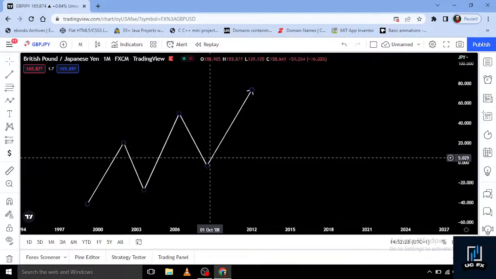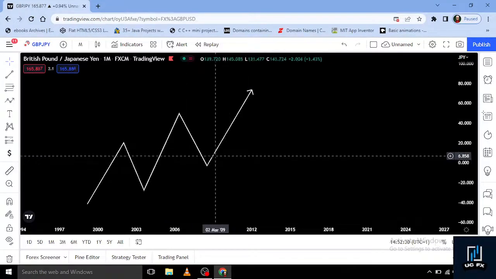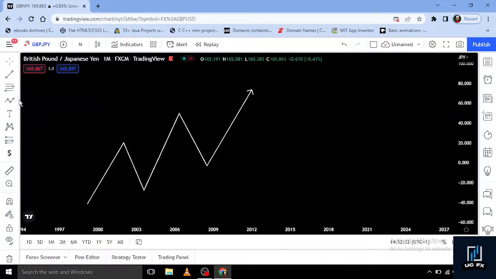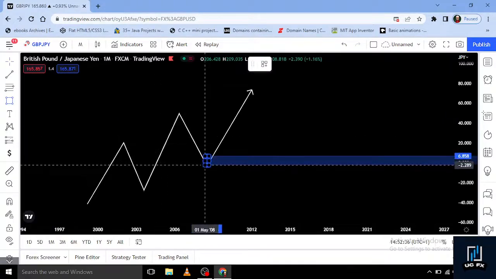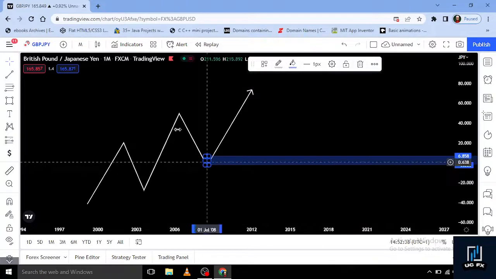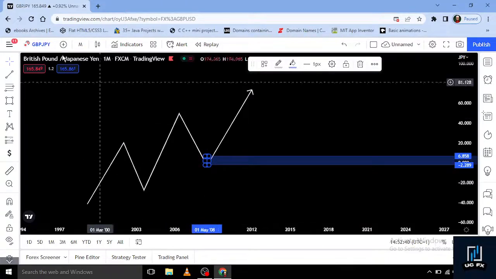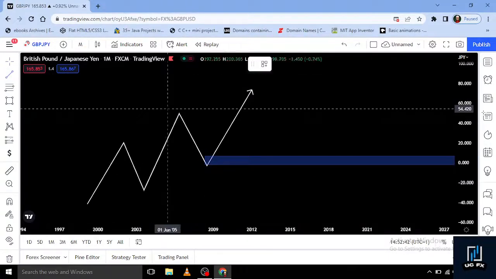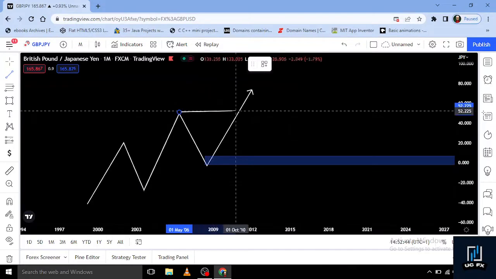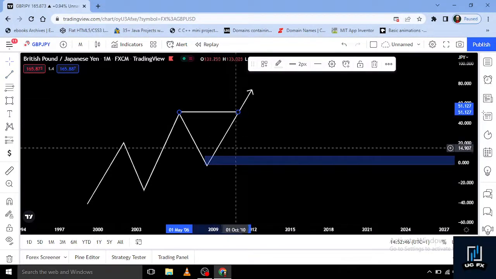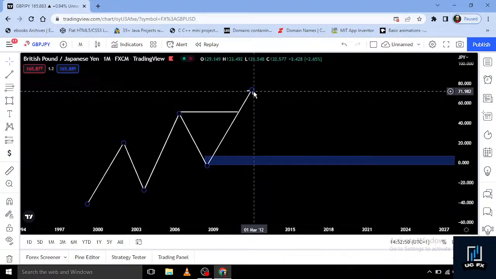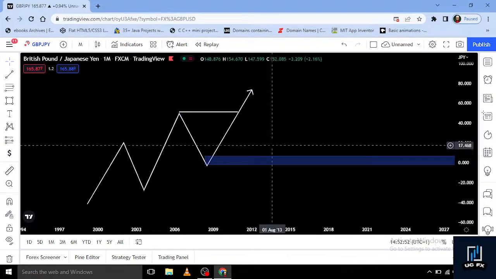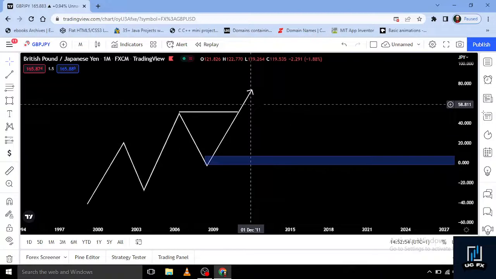You would agree with me that there is another block inside this area, so you will be marking that out. Why is it another block? We have a break of structure. So after marking it out, you need to wait on the lower time frame for price to come back and tap into this other block.